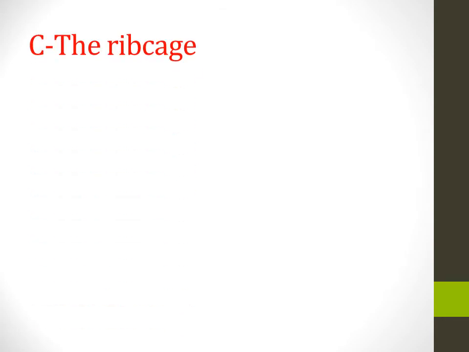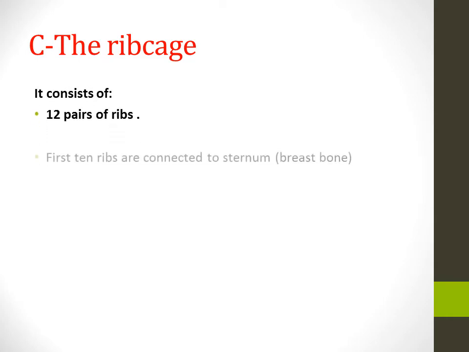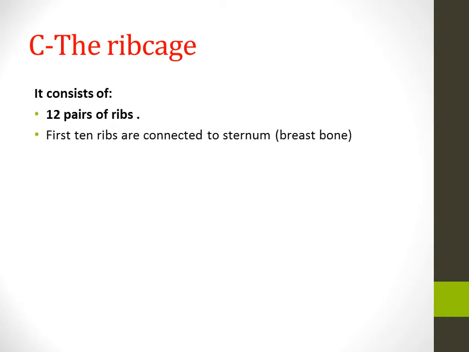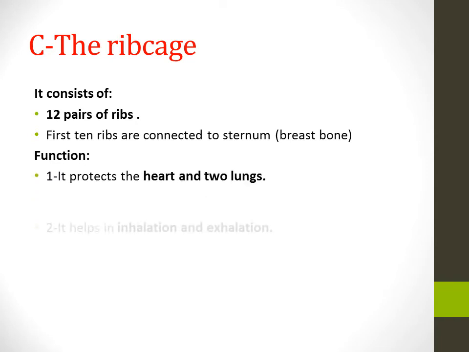Let's talk about the third part of our axial skeleton, which is the rib cage. Our rib cage consists of 12 pairs of ribs, 12 left and 12 right.